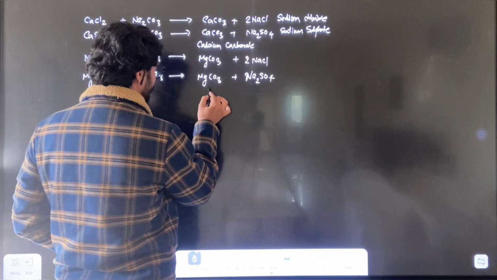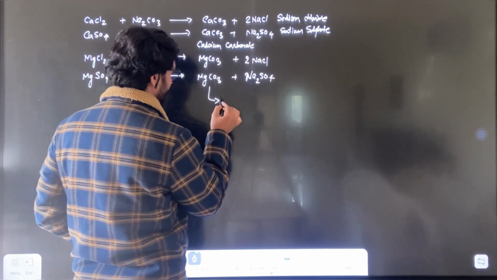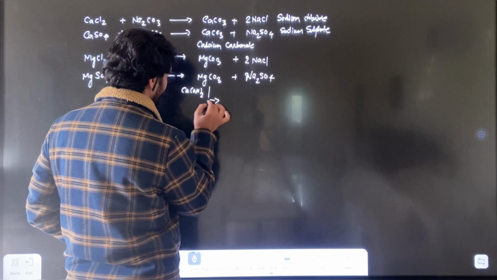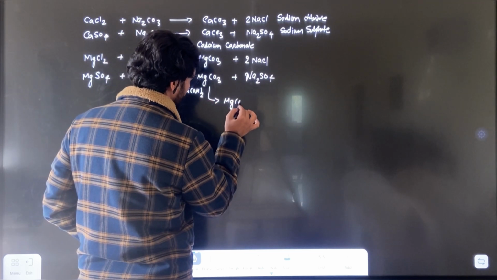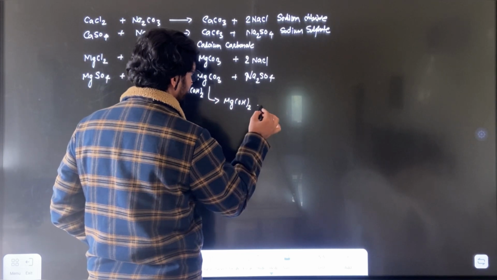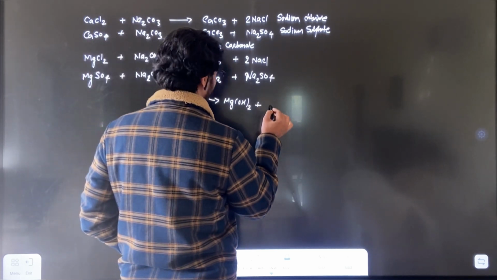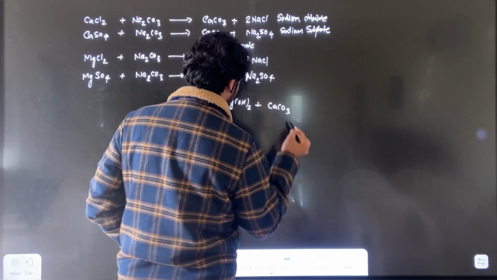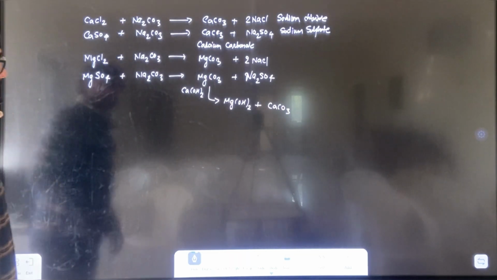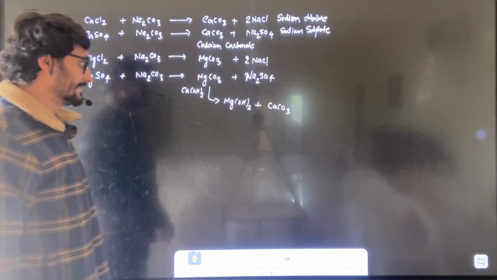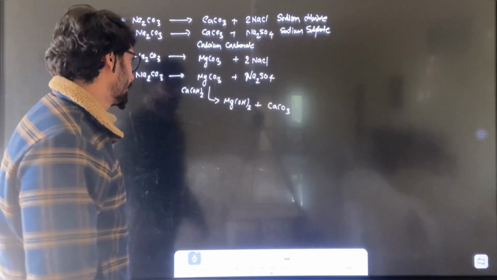And this magnesium carbonate reacts with lime, calcium hydroxide, and gives magnesium hydroxide, which is insoluble in water. That's why we can remove 100% of the hardness of water, along with calcium carbonate, which is also insoluble in water. That's why the soda lime method is useful to completely remove temporary and permanent hardness of water, right?